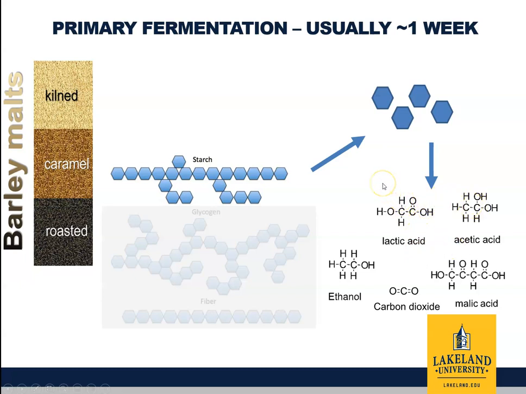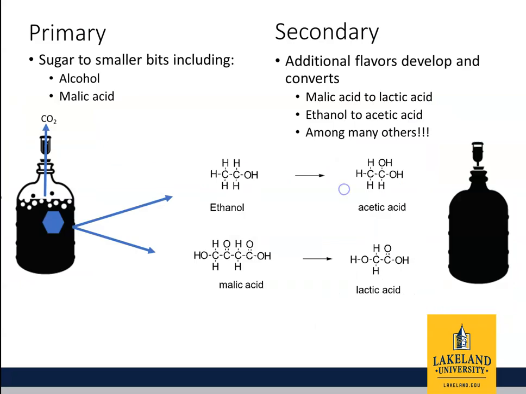Depending on how healthy your yeast are and the version and type of yeast you have, they'll take these and do different things with them. Some of these are good flavors, and some of these could be off flavors. It depends on the amount, the threshold, and the type of beer you're trying to brew.